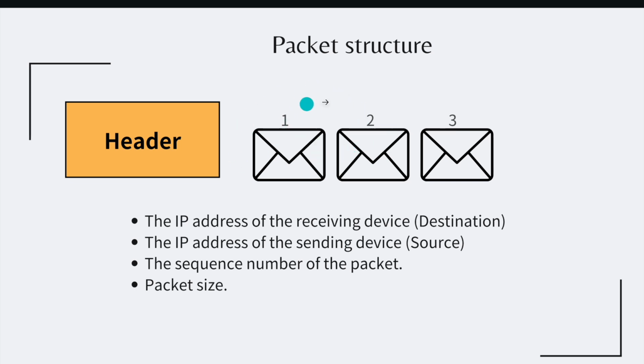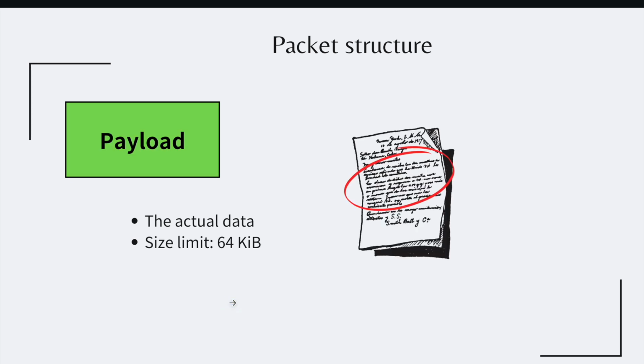This number helps the receiving device assemble packets in order, just like your friend could read the letters in order according to the sequence number. For the packet size, it shows how big the packet is. It helps the receiving device check whether the packet lost some data during transmission.